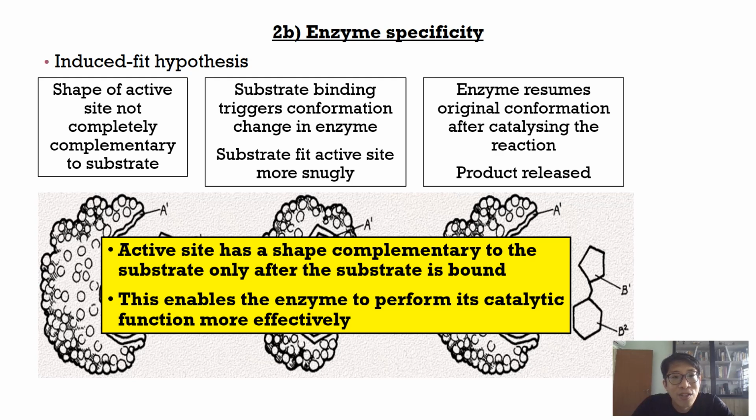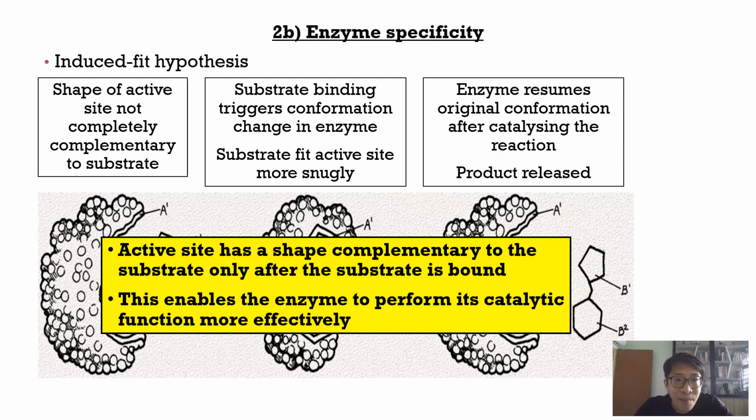But what is different in this hypothesis is that it also helps to explain how the enzyme is able to perform its catalytic function and lower the activation energy of the reaction, which we will look at later. So do not have the misconception that the lock and key and the induced fit hypotheses are contradictory. They are not.